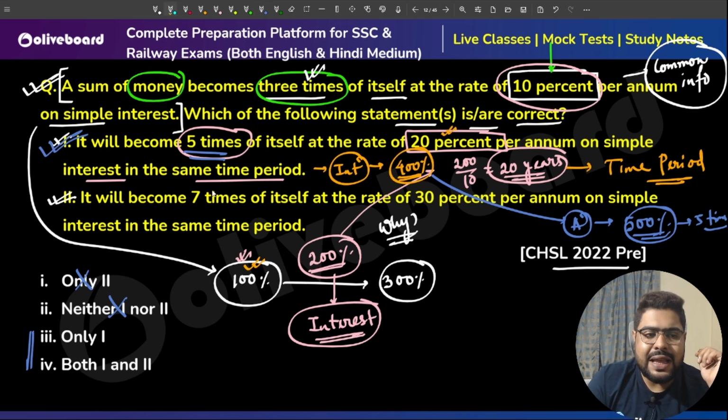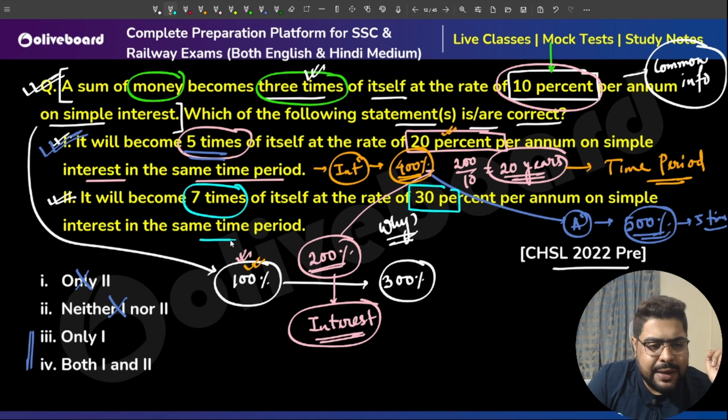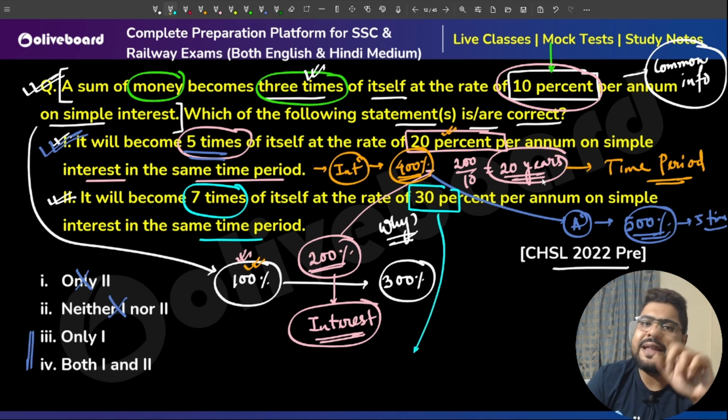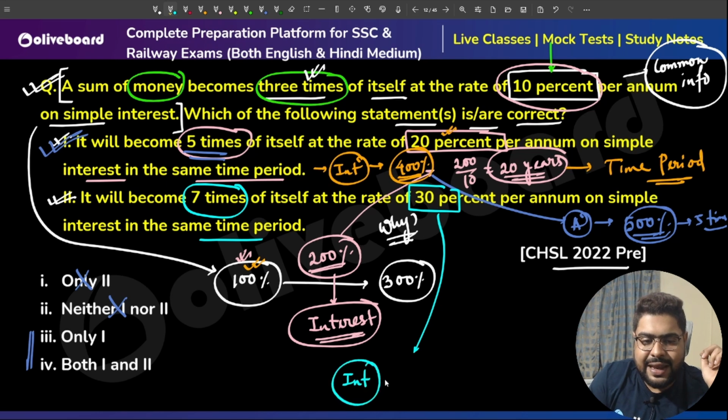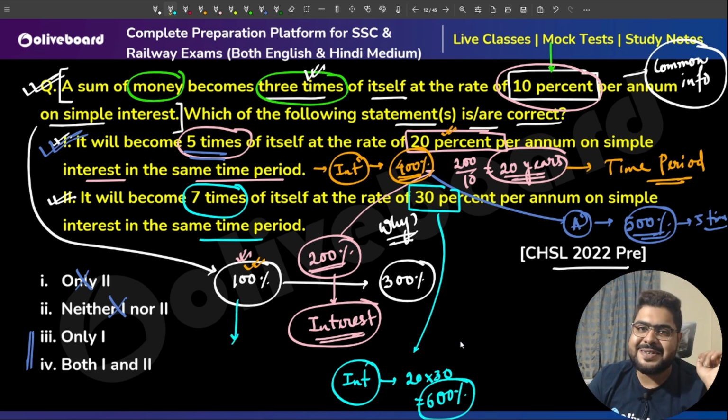Let's see. 7 times of itself it will become at 30% per annum, in the same time period. If it is 30% per annum in 20 years, what will be the interest? Interest will be again 20 into 30, that is 600%. So principal again 100%, the interest is 600%.